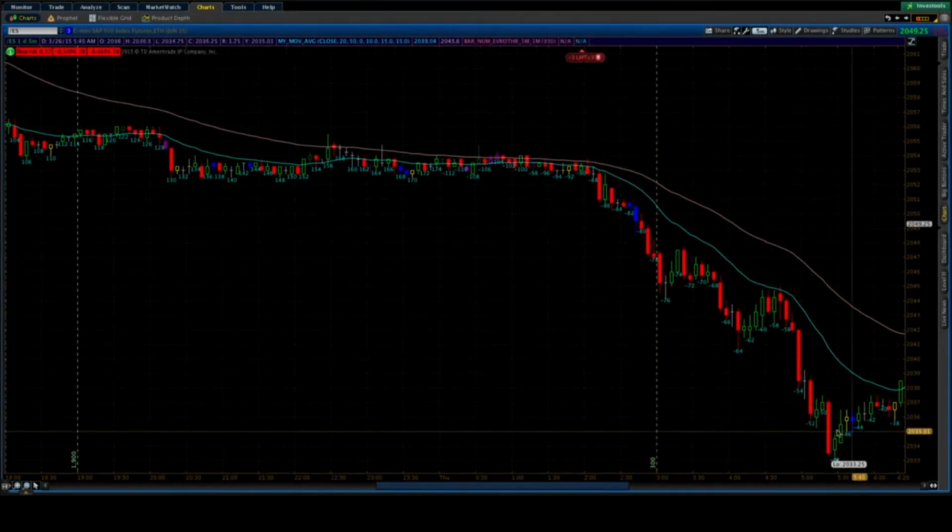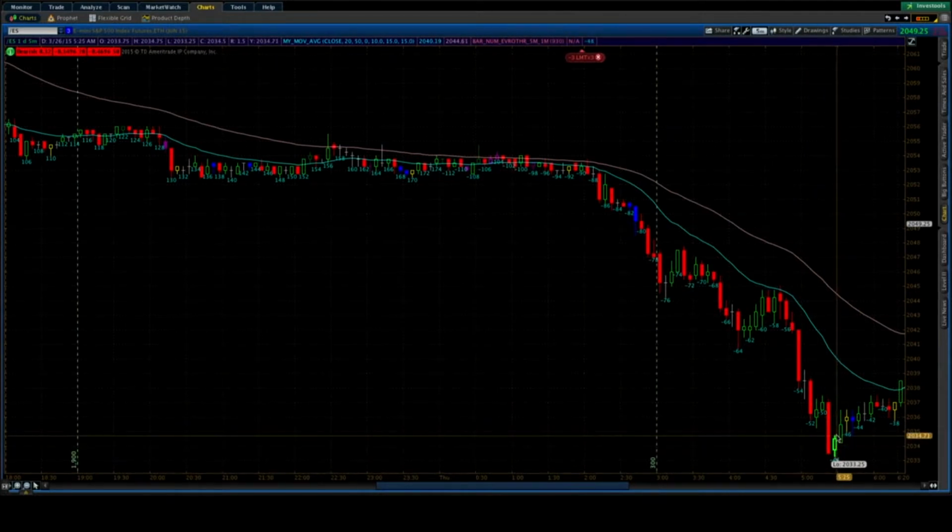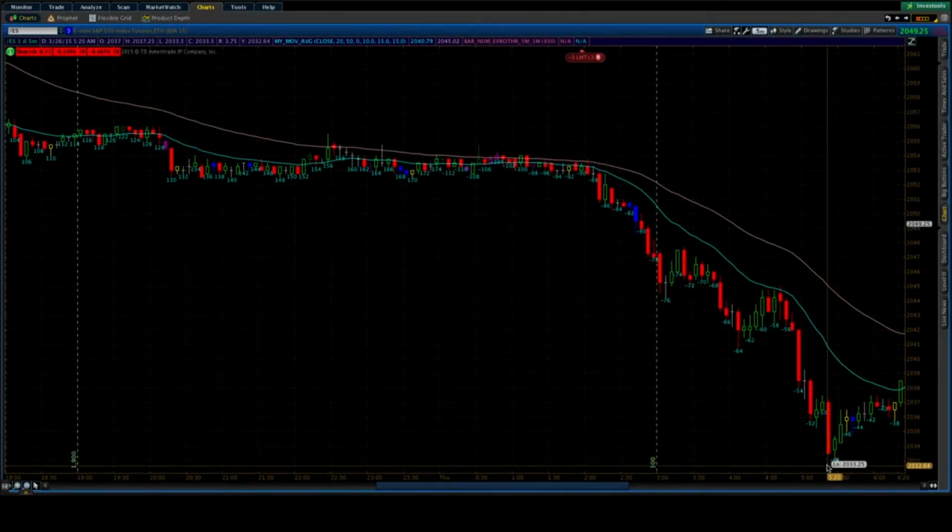So we're going to get a buy stop swept into, and if we get in here, I usually go halfway up the bar, which would be about this level right here, and put the sell stop one tick below the low.